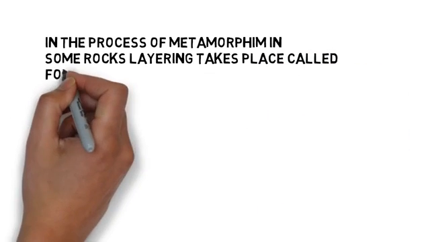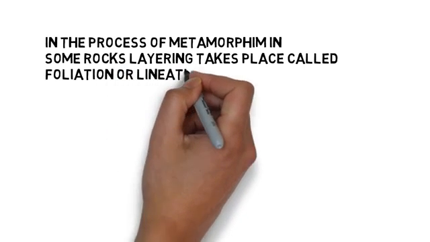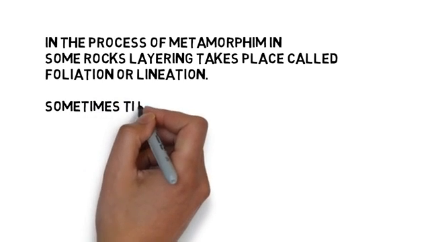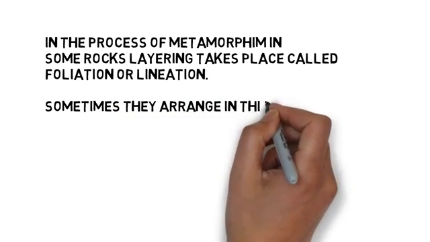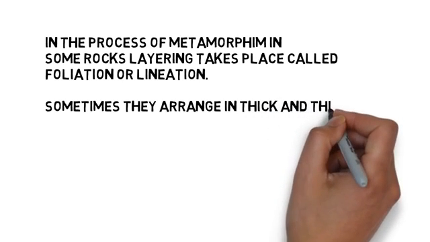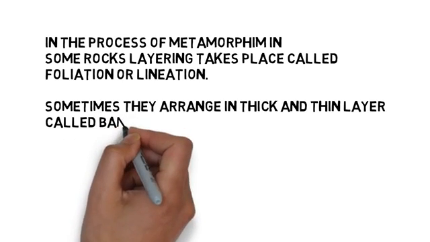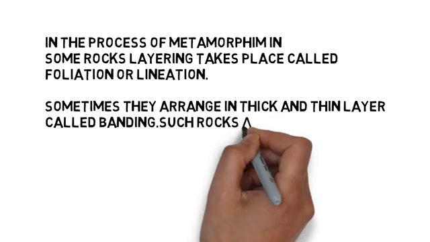Such a structure in metamorphic rock is called banding, and rocks displaying banding are called banded rocks. Metamorphic rocks are classified into two major groups: foliated rocks and non-foliated rocks. Gneiss, granite, schist, slate, marble, quartzite, etc. are some examples of metamorphic rocks.